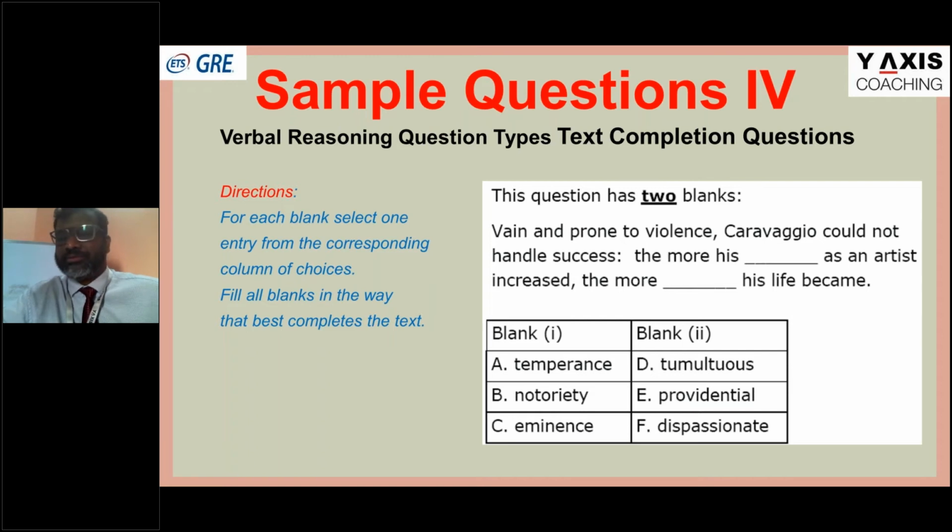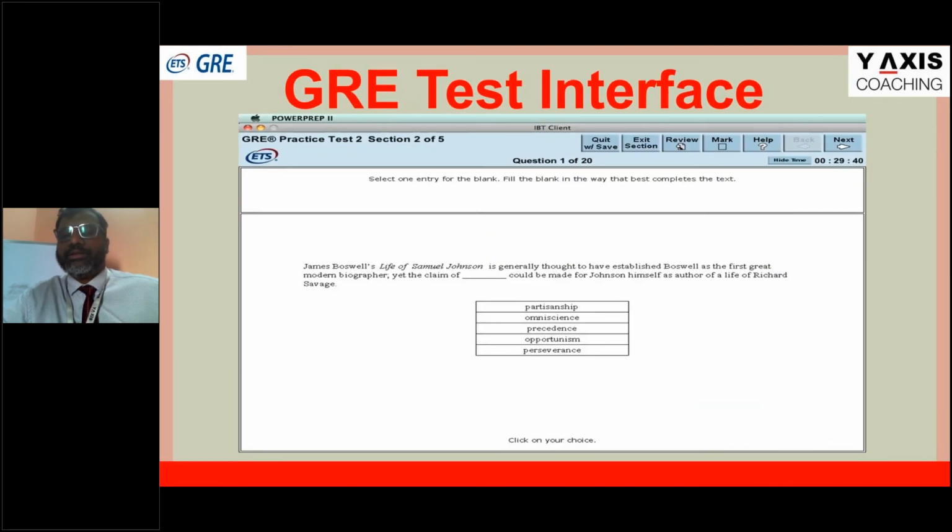So we can also typically call this paragraph completion. Sentence equivalence is very high on vocabulary requirement, whereas text completion questions demand logic. It should be complete not only grammatically but logically and also stylistically.